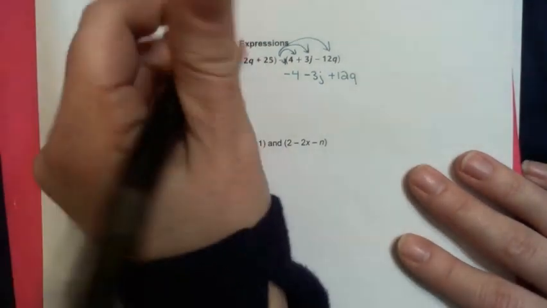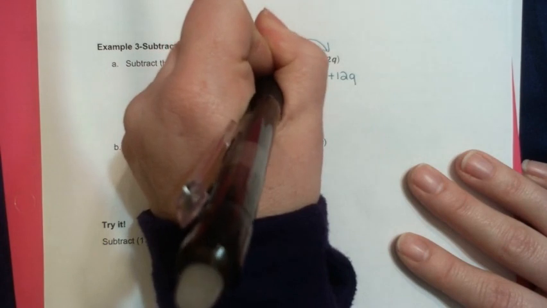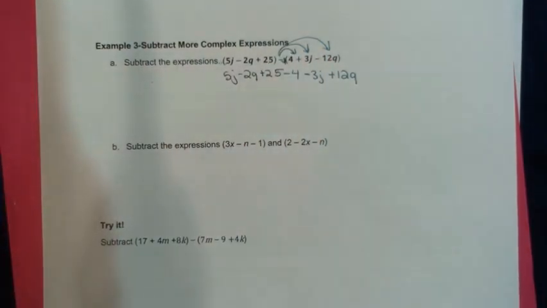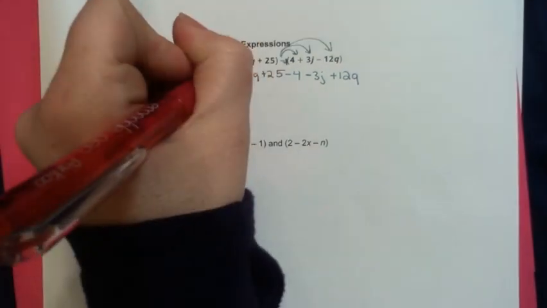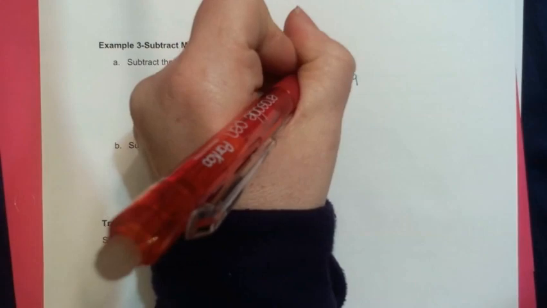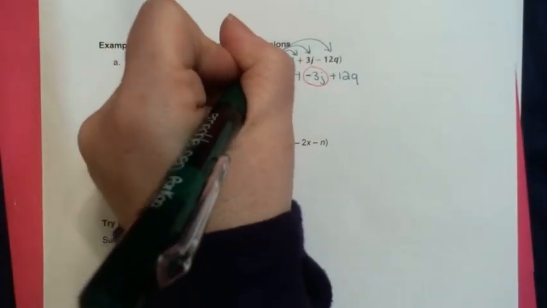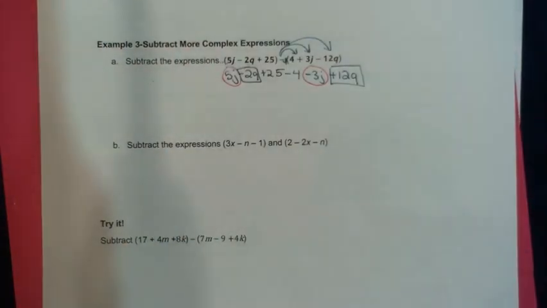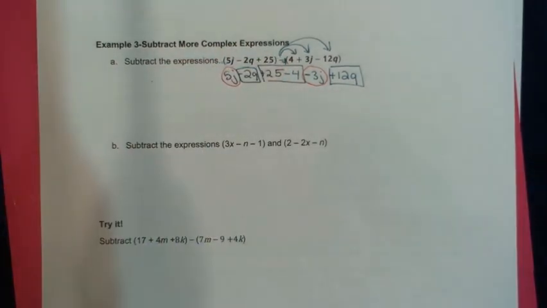I'm going to go ahead and bring down the other equation. And I'm going to combine like terms. So I have a j and a j, a q, a 25 and -4 for constants.